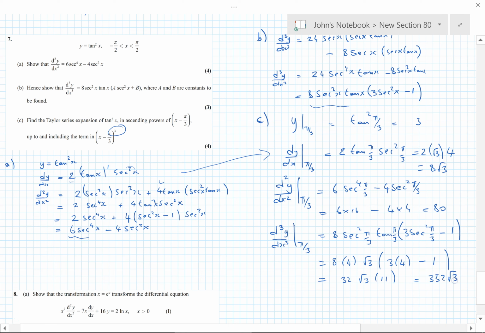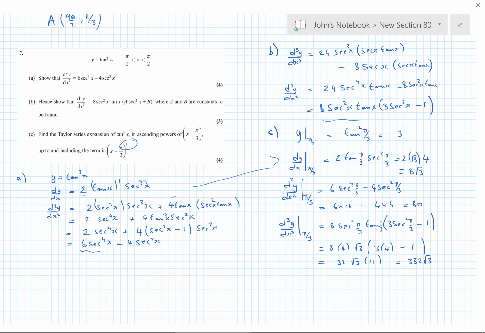Square root of 3. Okay, so now we're ready to put into our Taylor series. Remember our Taylor series, let's write it out.